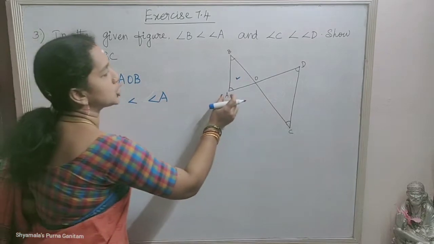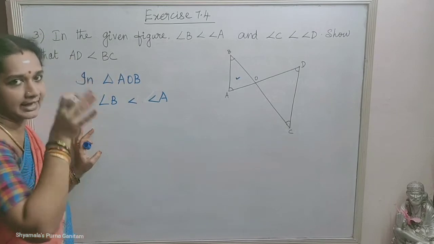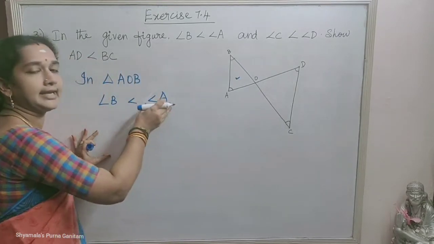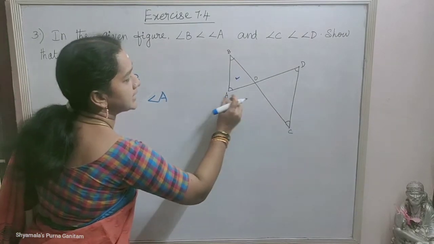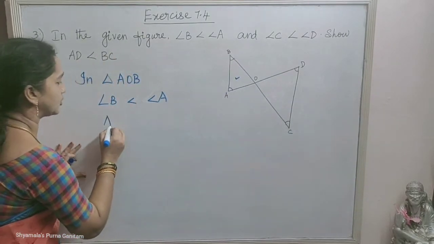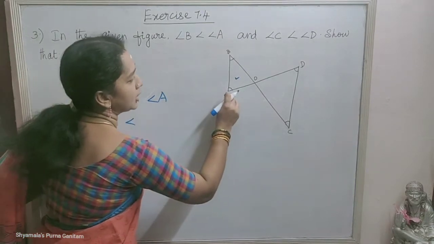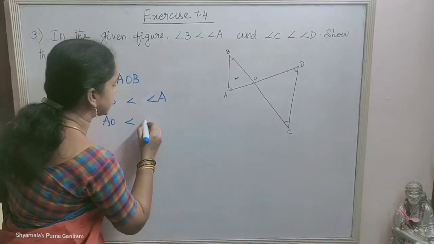The meaning for this is angle A is greater. So obviously side opposite to that greater angle will be longest. So opposite to that B is AO. So side AO is less than the side opposite to this angle, which is OB.